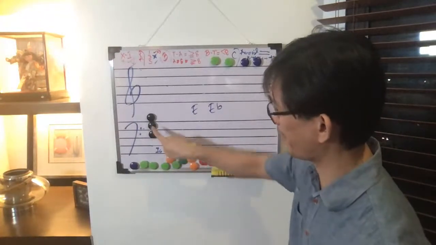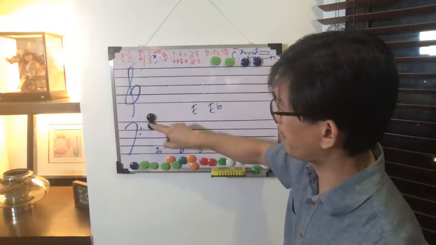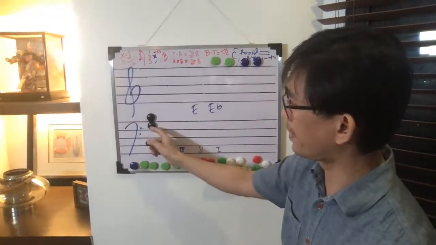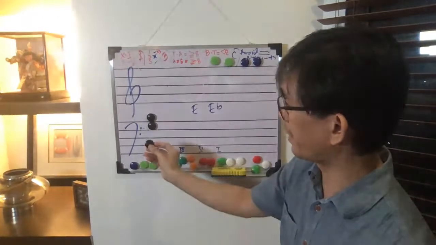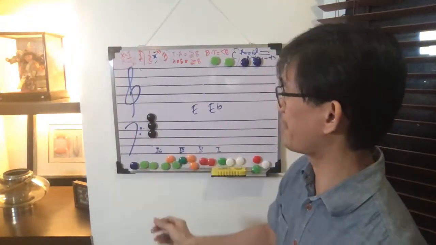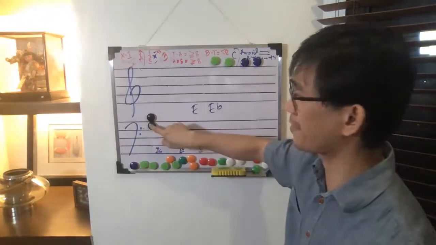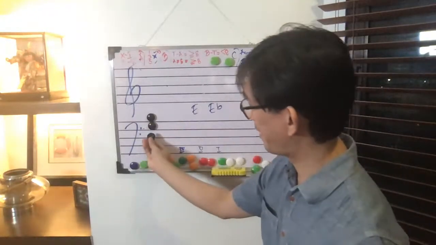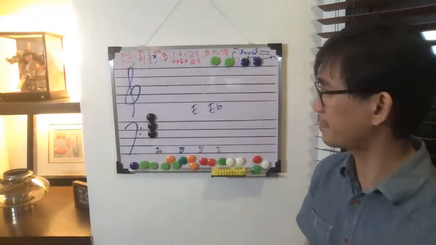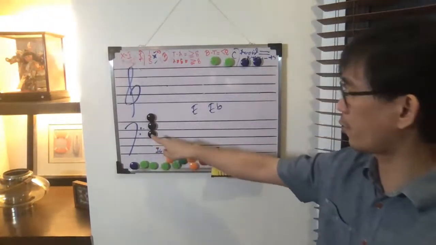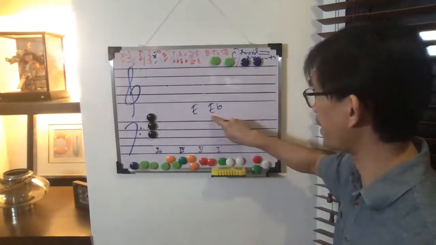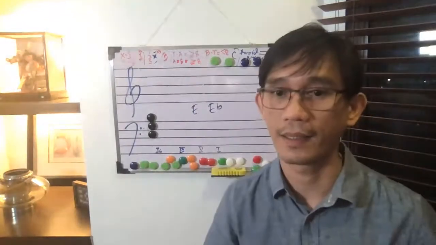No, it cannot be G because it's already the third. If this is the third, then you know that that is the middle note of the chord. If that's the third already, then there's a lower note. So it cannot be G. The G is the third. So there must be a tonic, which is E. But now the question is, are we going to use the E major key signature or E flat major, and why?